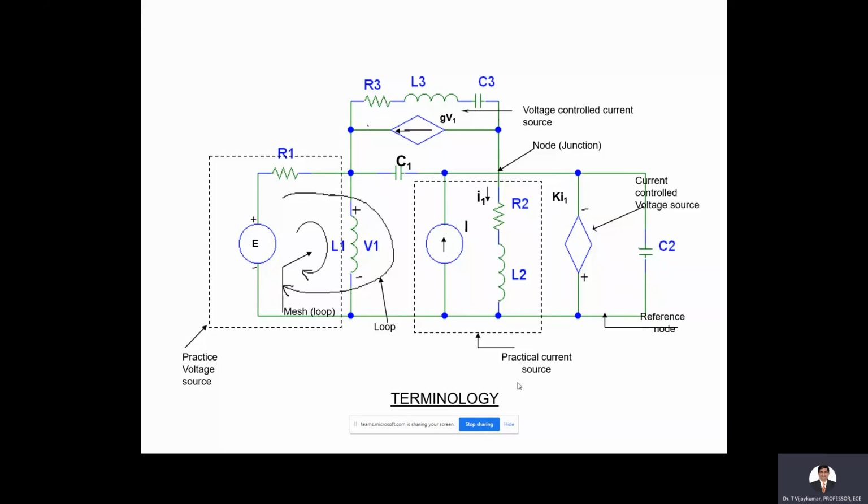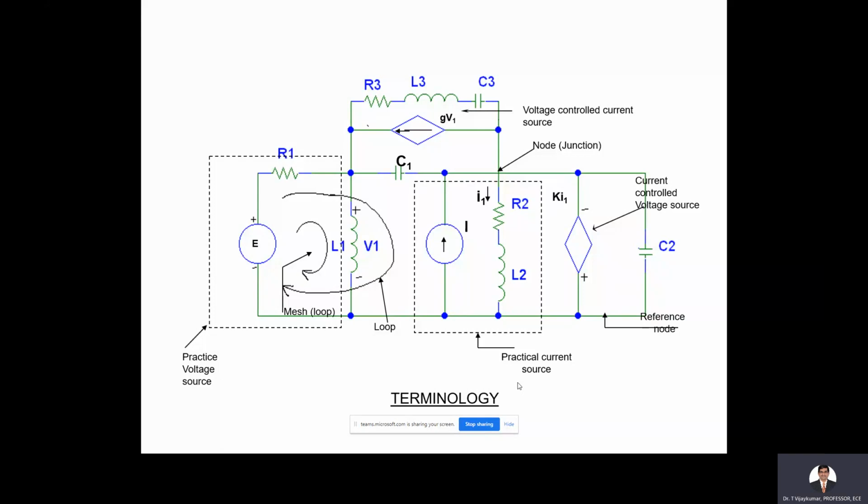Similarly, on the right side, there is another source that is also a dependent source, called a current controlled voltage source. That means this voltage source is controlled by a current. Observe the diagram: the symbol is an ammeter symbol, but for the current you have to use the arrow mark like this in the above diagram.